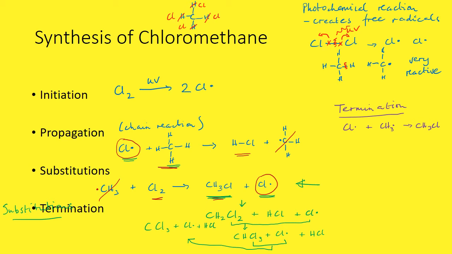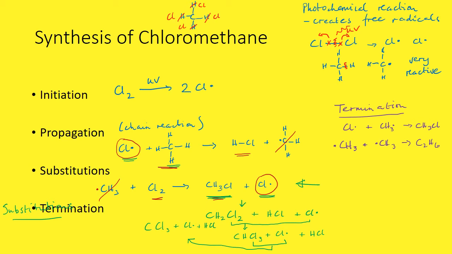There are 3 altogether, because you could actually have 2 CH3 free radicals bumping into each other, and they would give you C2H6, an alkane, and that is unreactive and wouldn't take any further part in the reaction, and those 2 free radicals will have cancelled each other out.